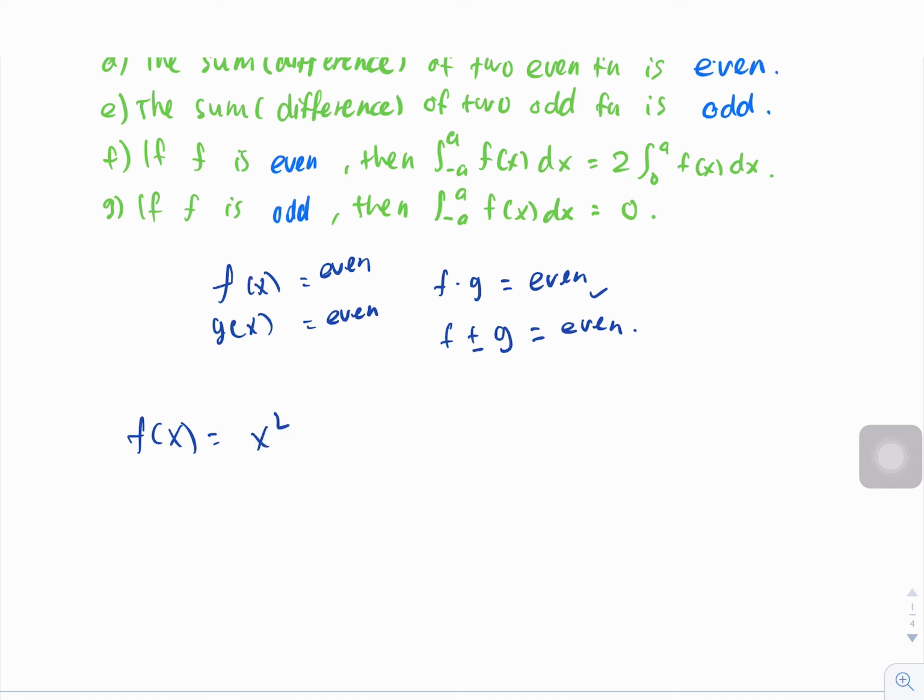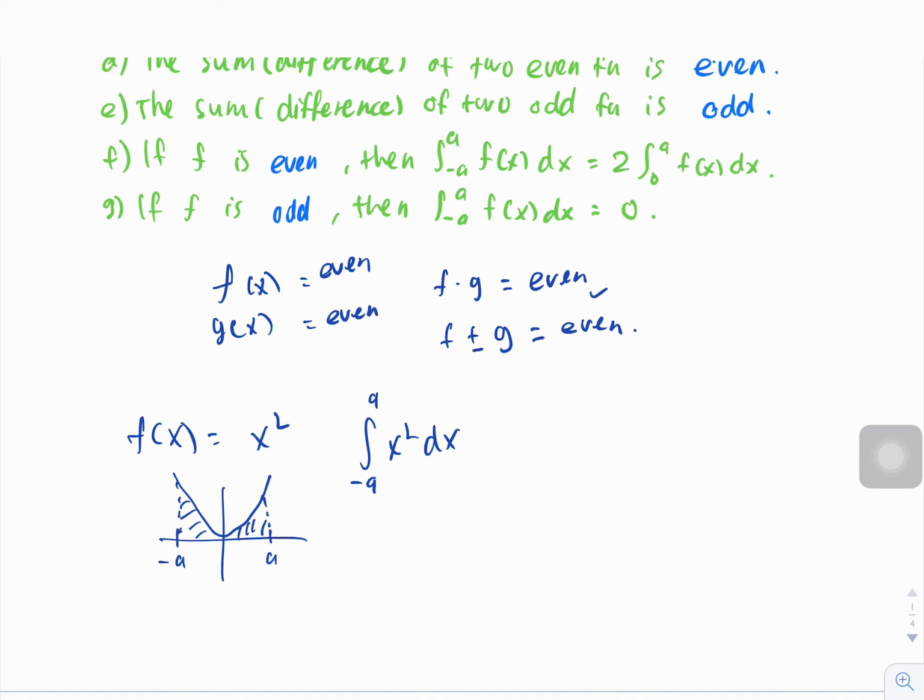So we know that x squared is an even function, and this is the graph. And this is our limit from negative a until a. If we integrate x squared dx from negative a until a, we will get the area under the curve.